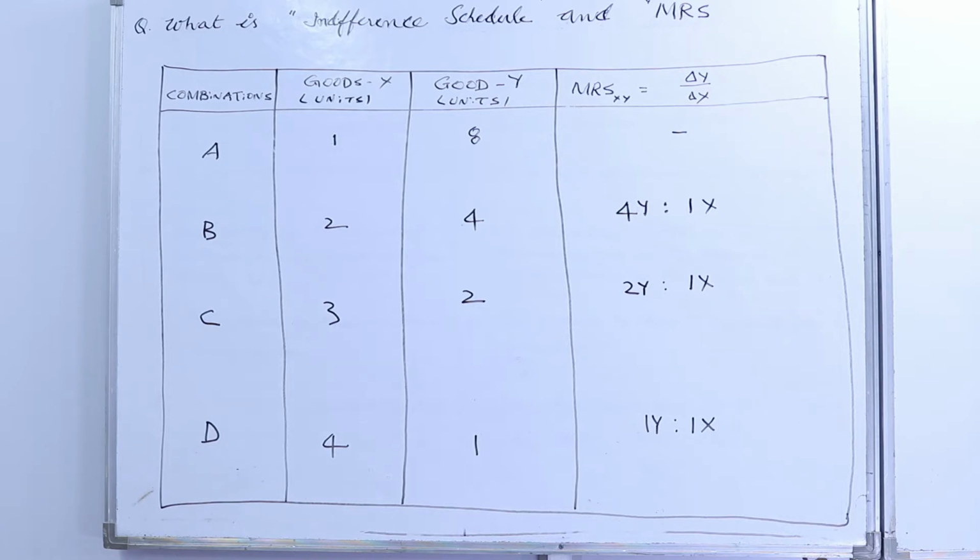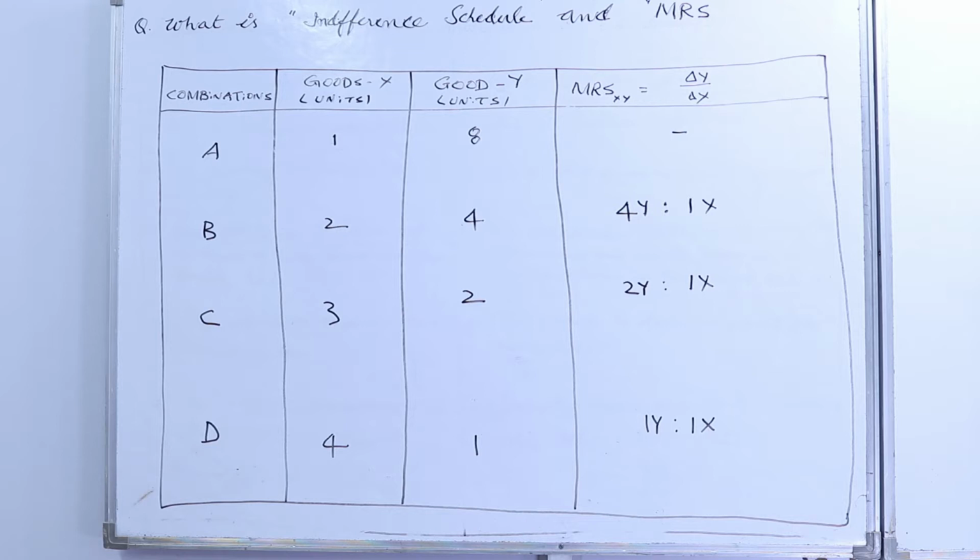Since we can't measure utility in indifference curve analysis, we are not writing any utility; you are getting some satisfaction by having 1 unit of good X and 8 units of good Y. Combination B: when you move from A to B, you increased good X by 1 unit, from 1 to 2. When you increased it, you have to decrease good Y from 8 to 4.